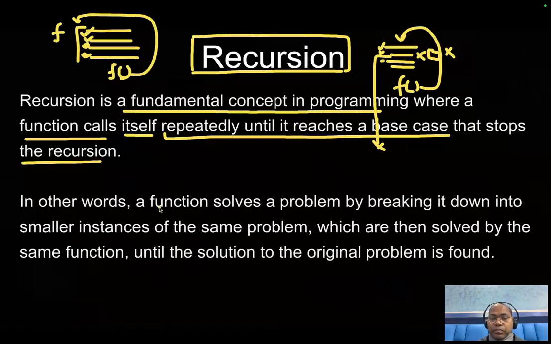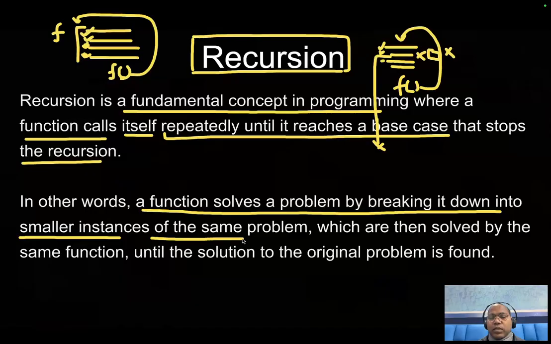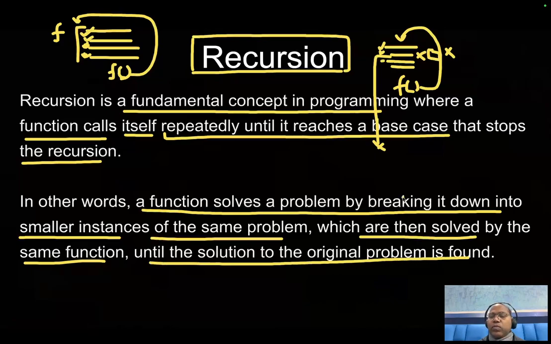In other words, a function solves the problem by breaking it down into smaller instances of the same problem, which are then solved by the same function until the solution to the original problem is found.